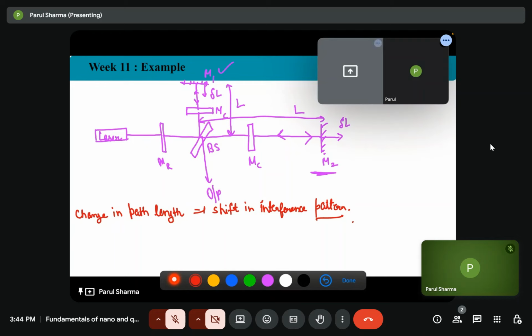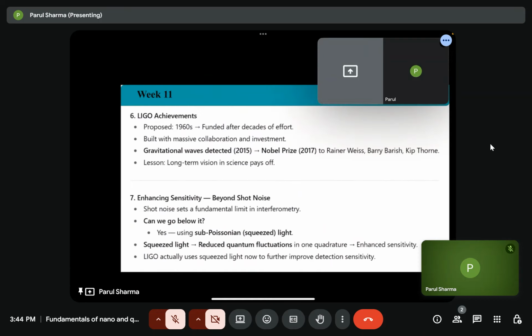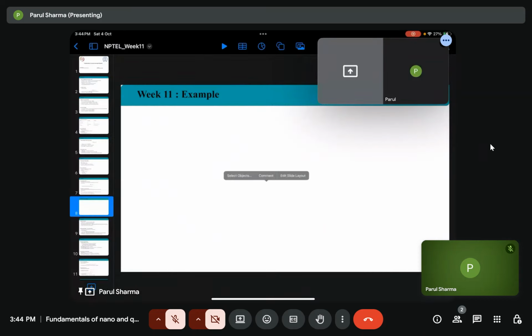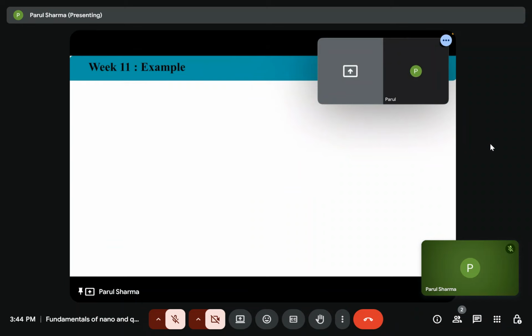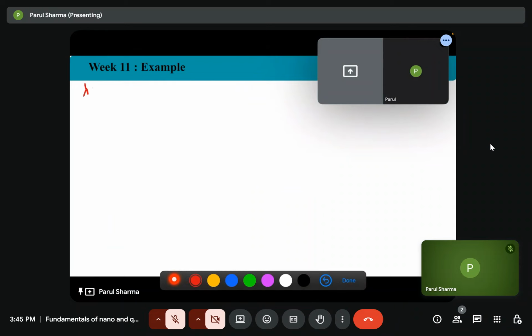So let's assume that lambda is 1064 nanometer and power is 300 watt.